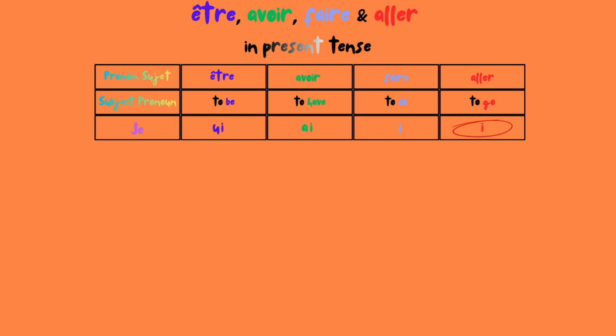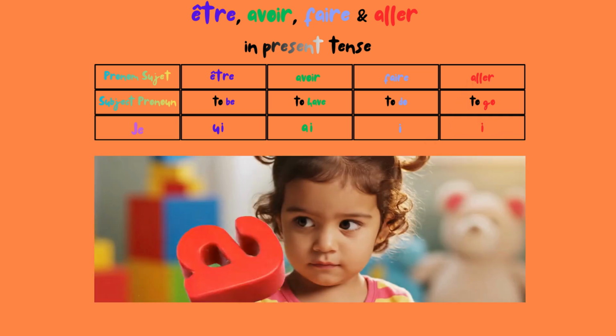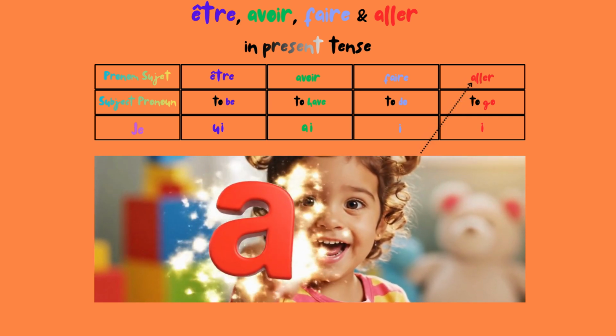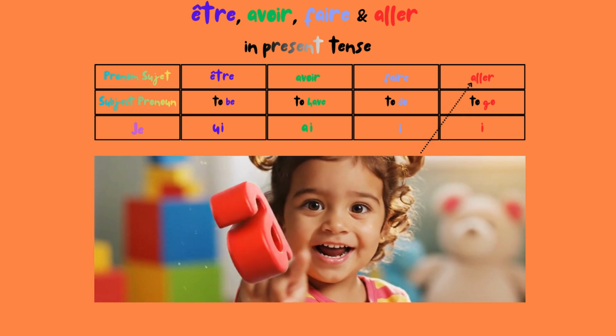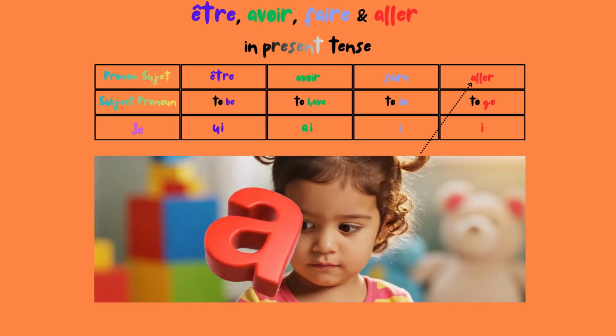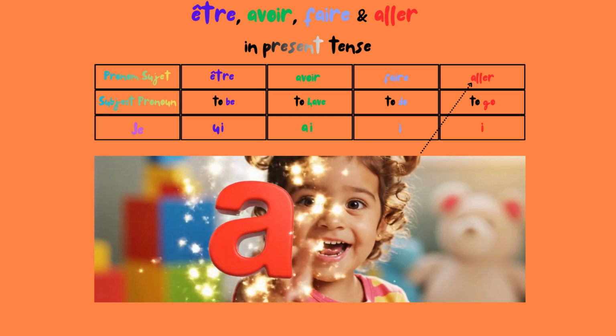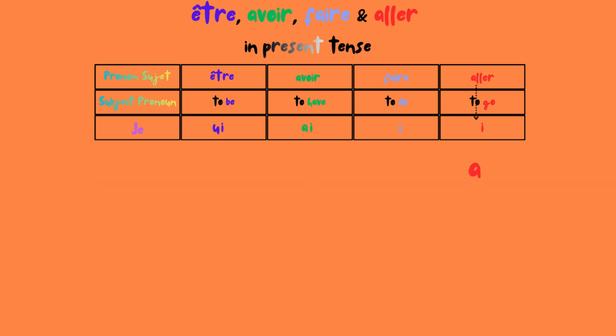The verb aller starts with which letter? The verb aller starts with the letter A, so we will add the letter A to I under to go, immediately in front of I. Note, both the letters A and I are vowels.